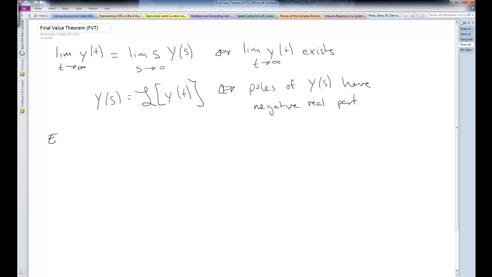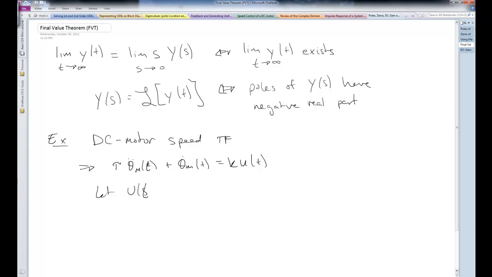As an example, let's look at the DC motor speed transfer functions. So in other words, if I had the differential equations, which are tau theta m double dot of t plus theta m dot of t is equal to k times u of t, let's let u of t equal a unit step function.